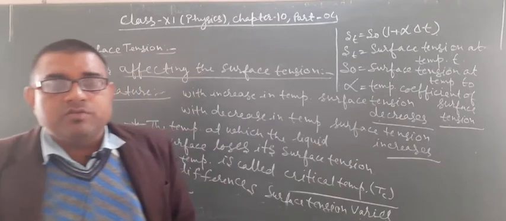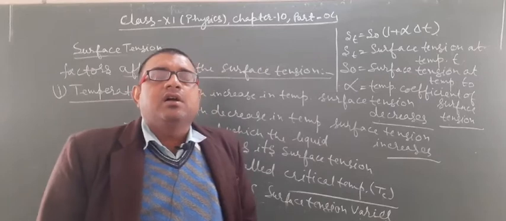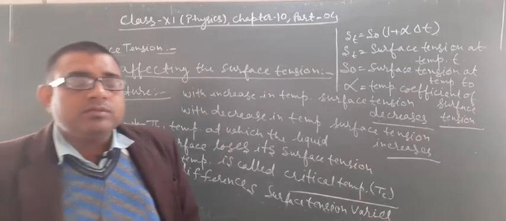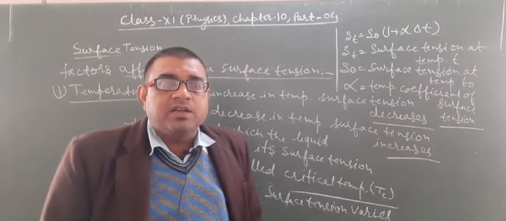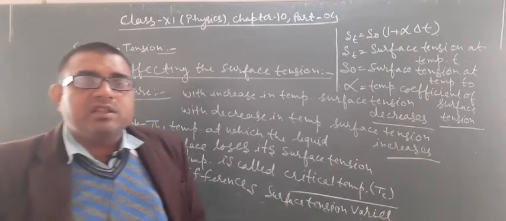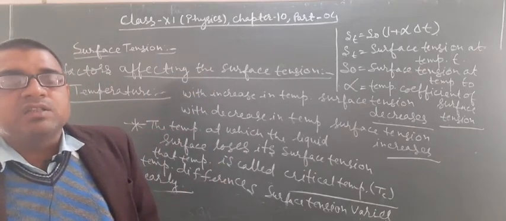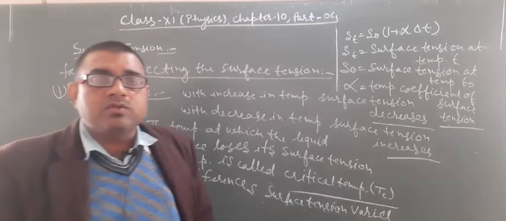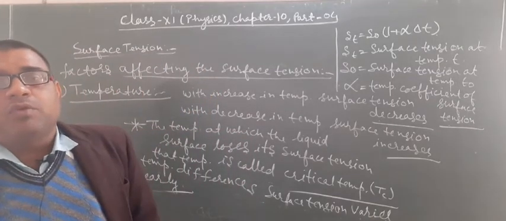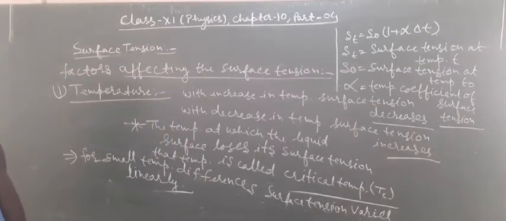So the radiators of vehicles in colder or polar regions are started by giving the choke, but it is easier to start the vehicle in hot summer days, because the temperature is high, so surface tension is low, and it is easier to make the fluid flow inside the engine. So these are the applications of the surface tension.